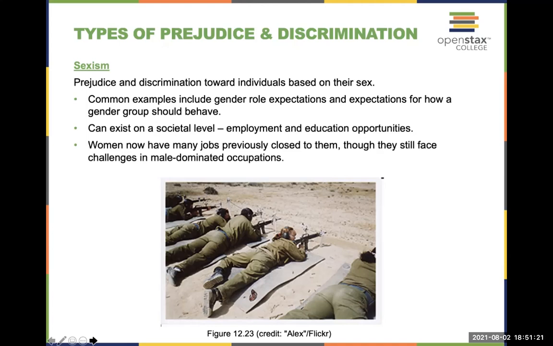And if the woman is of color, you could take another 15 to 20 cents off of that. So there's an example of a form of sexism, right? Women in general earn less pay, even if it's for the same type of work.